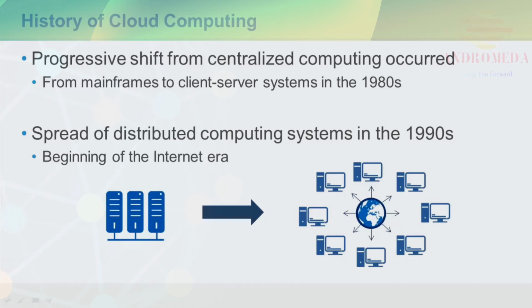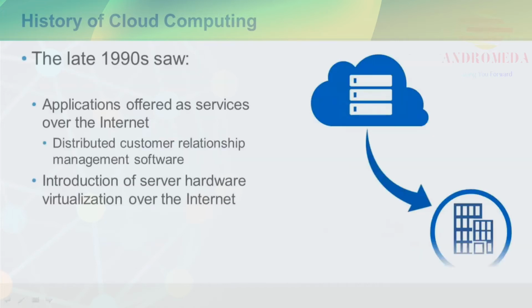And this, of course, was the beginning of the internet era as well. So that brought us to the point wherein we were able to access applications as a service over the internet. So in the late 90s, we started to see this. One of the early examples was distributed customer relationship management software. So the whole idea now is that the application is not even running in your own environment.